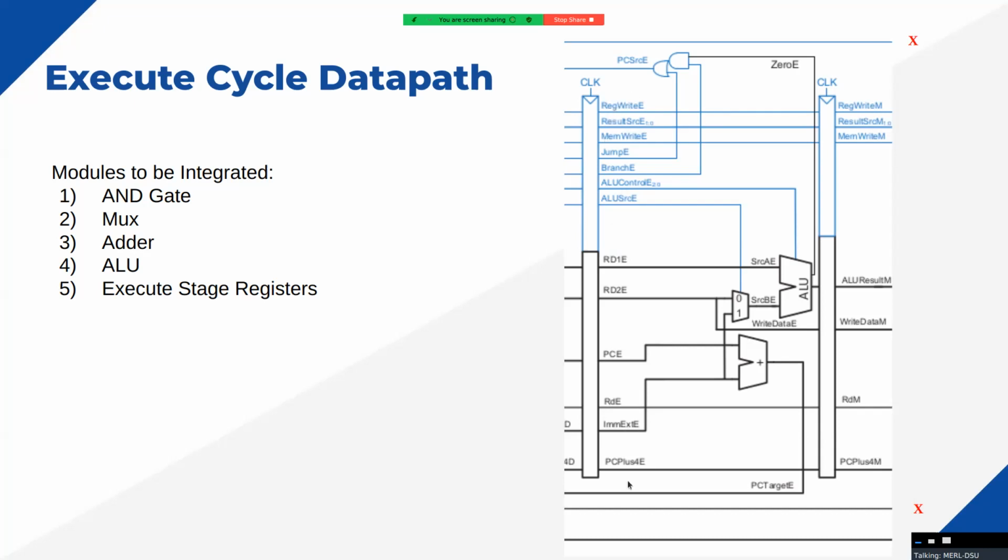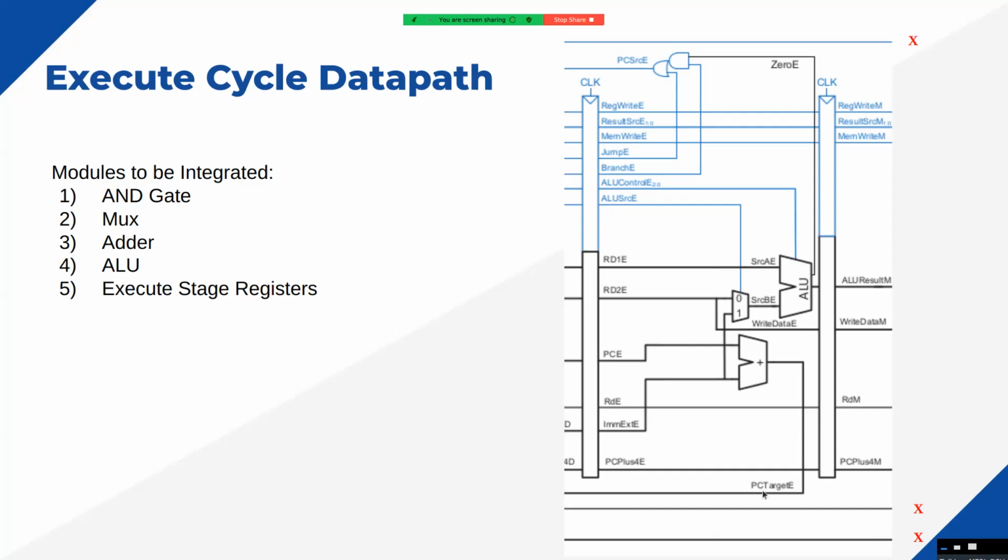These are all the inputs you can see here, and on the right hand side there is an output register, and those outputs, with the subscript, state that these are the signals of the memory stage. You can see that I've again put some X marks here because these signals have already been used in the decode cycle or in the fetch cycle, so we don't have to worry about them.